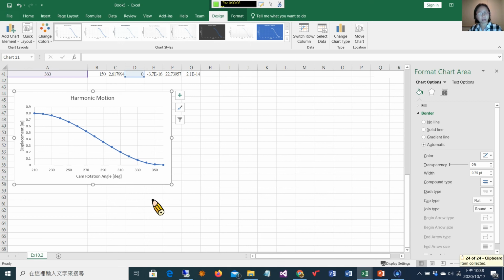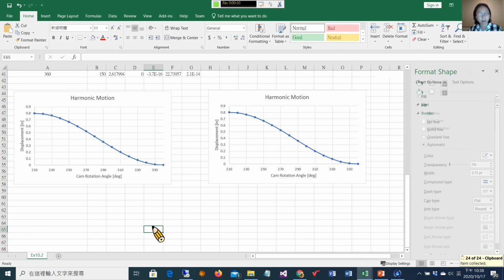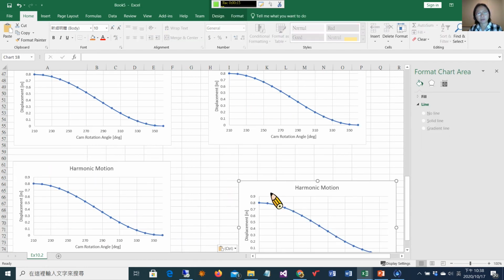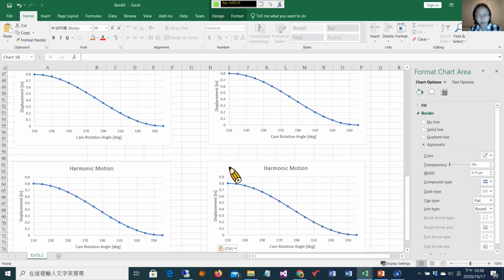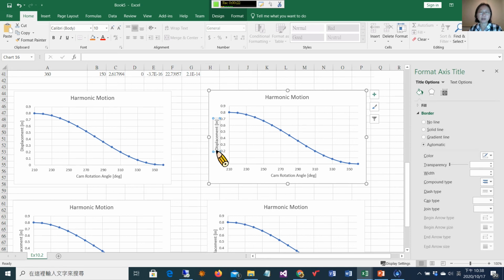I copy this for velocity, for acceleration, and for jerk. And I modify the Y title first. This is velocity, in inch per second.